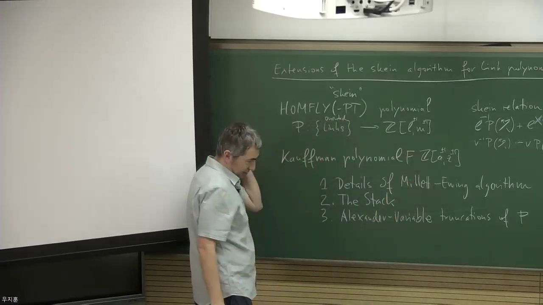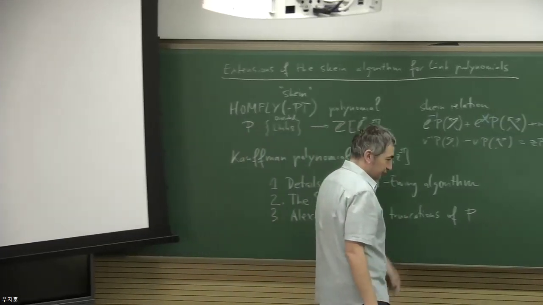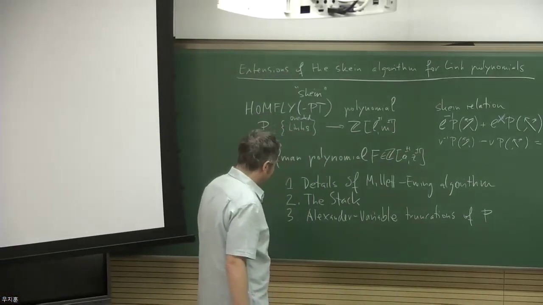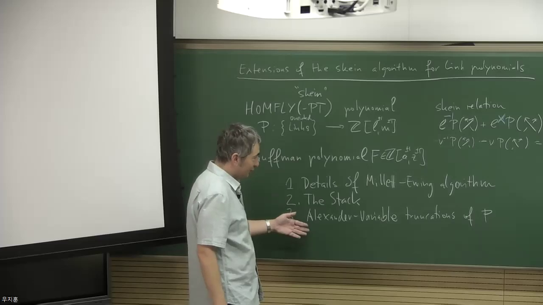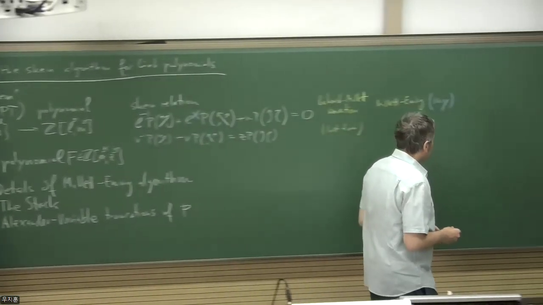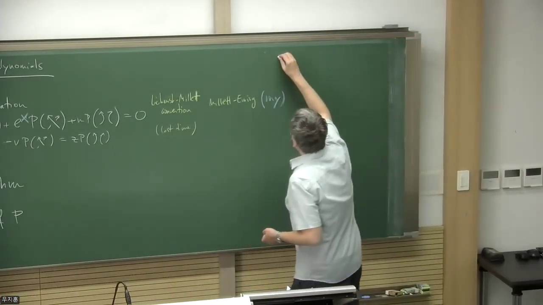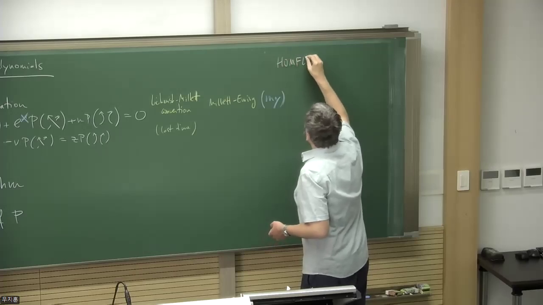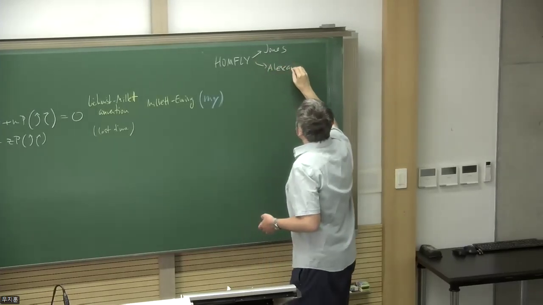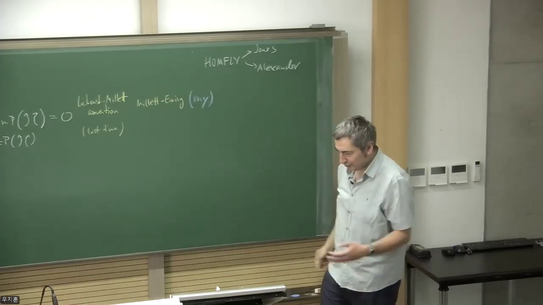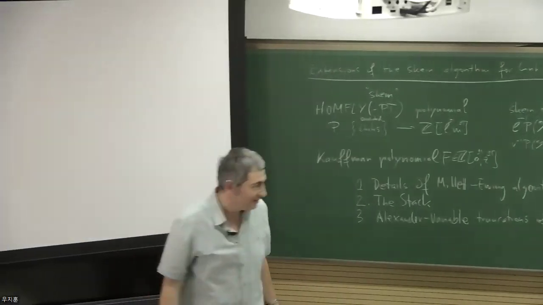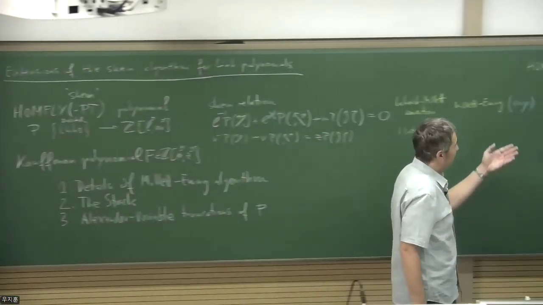T is usually the letter that is used for the HOMFLY, and F is used for Kauffman. Already at this point, in order not to mess it up later, let me say what Alexander variable means. I said last time that I can substitute in the HOMFLY polynomial to get the Jones polynomial and to get the Alexander polynomial, and these are two polynomials in one variable.